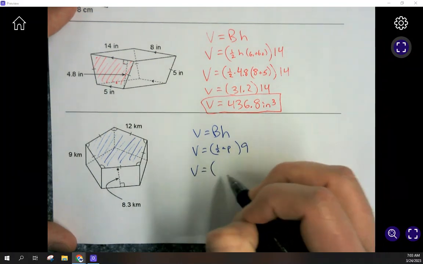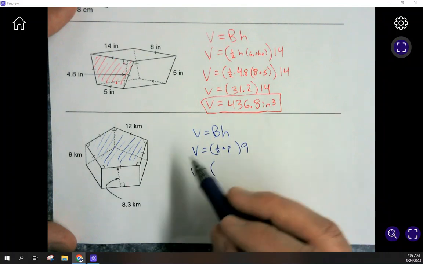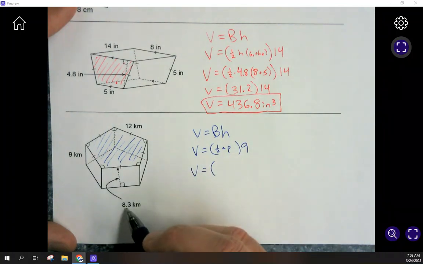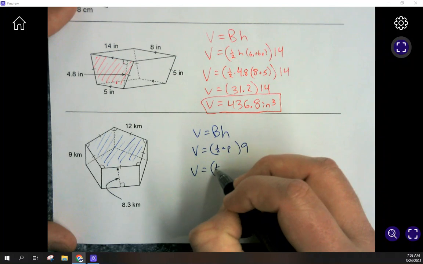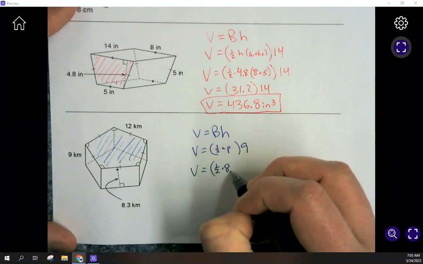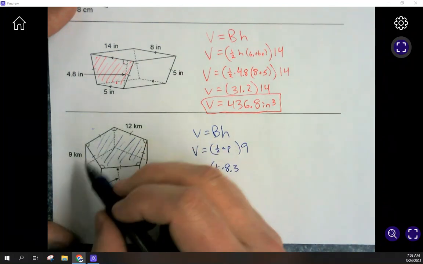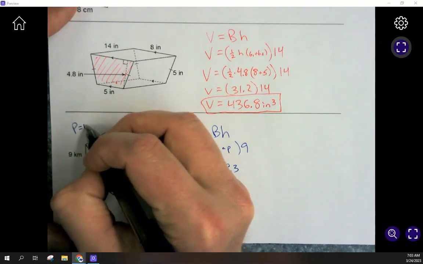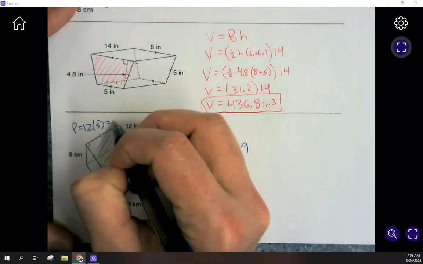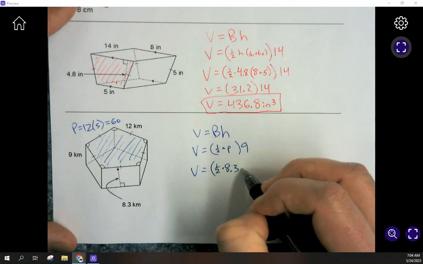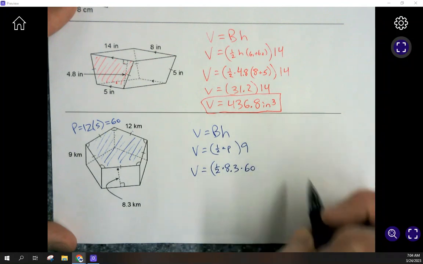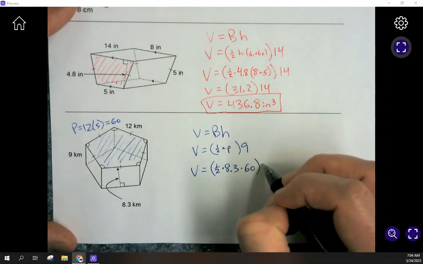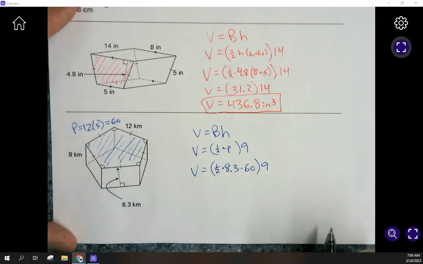Okay, so we have all the information we need here except perimeter, so we'll figure that out in a second, but the apothem is given to us, so it's 1/2 times 8.3. All the sides are 12, so perimeter is going to be 12 times 5, which is 60. So we're going to go ahead and plug 60 in. And that all gets times by 9.